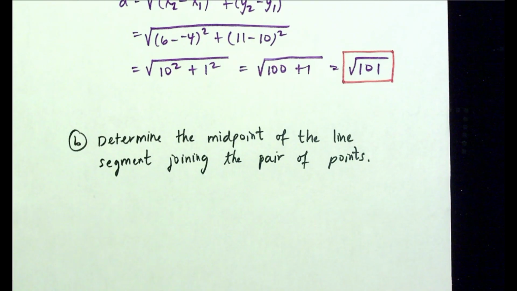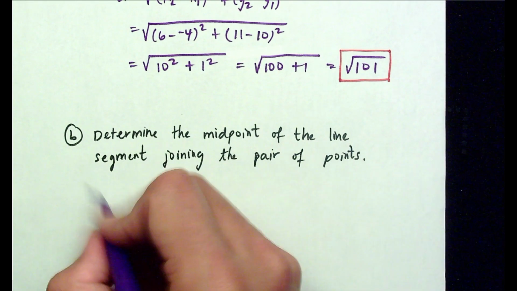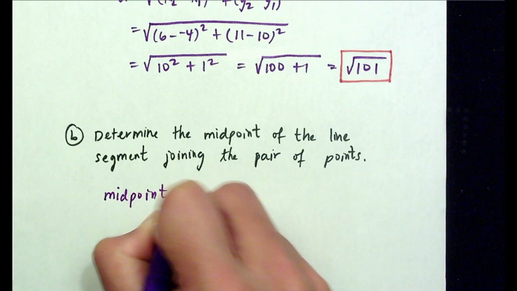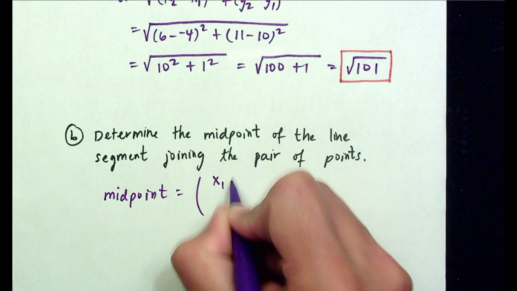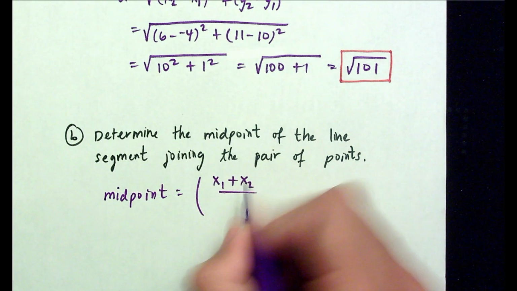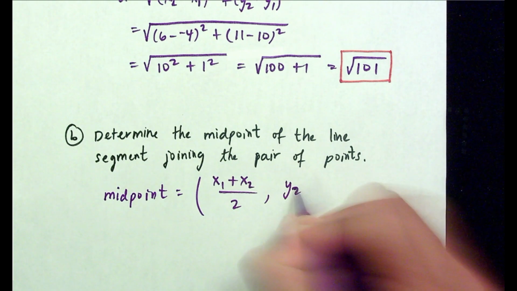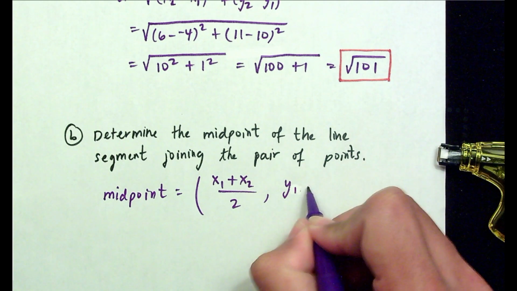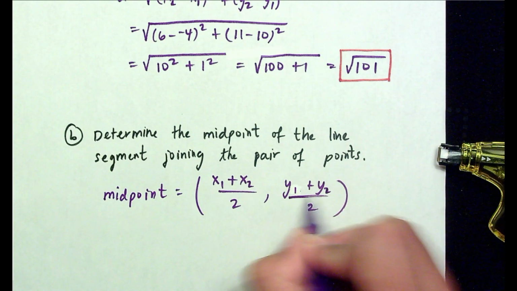Now, to find the midpoint between those 2 points, we use the midpoint formula. This is another little formula that you're supposed to memorize. The formula is very easy. Just take the average of the coordinates. So take the average of the x's, that would be the x coordinate. Take the average of the y's, and that would be the y coordinate of the midpoint.